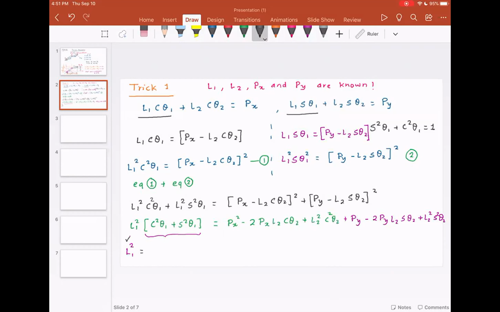On the right hand side, I have Px square, and please note, Px square is also known.